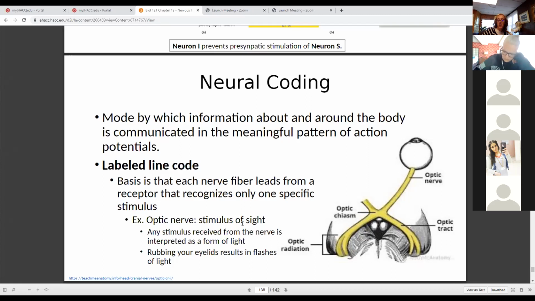An example is the optic nerve. The receptors of the optic nerve only receive light stimulus. So any stimulus to this nerve is perceived as some form of light.